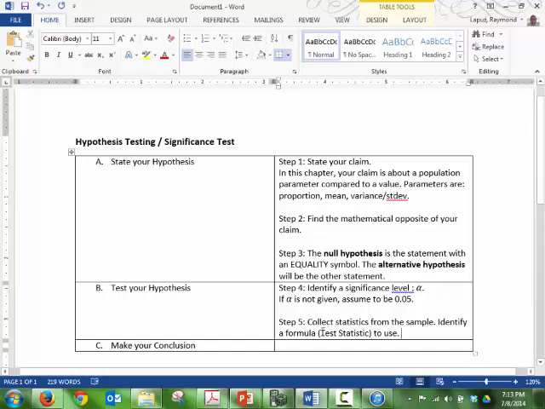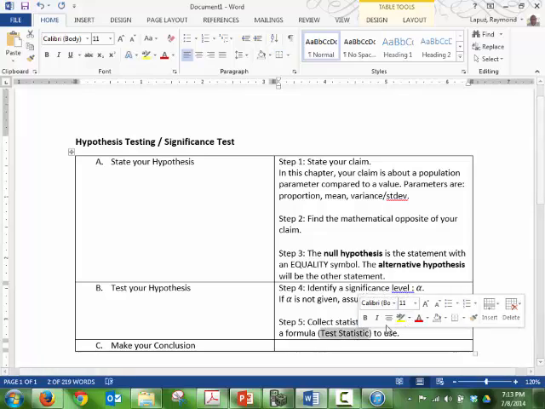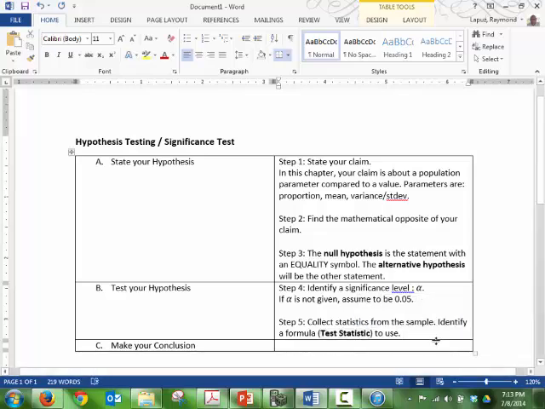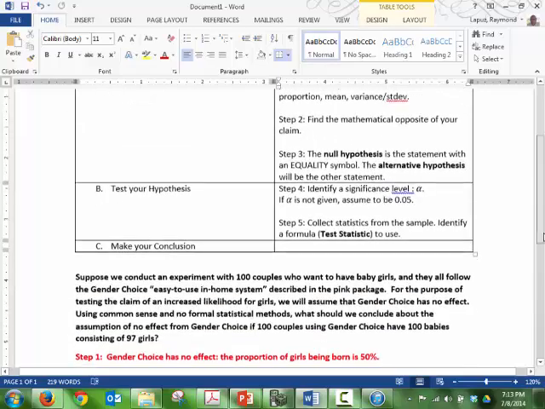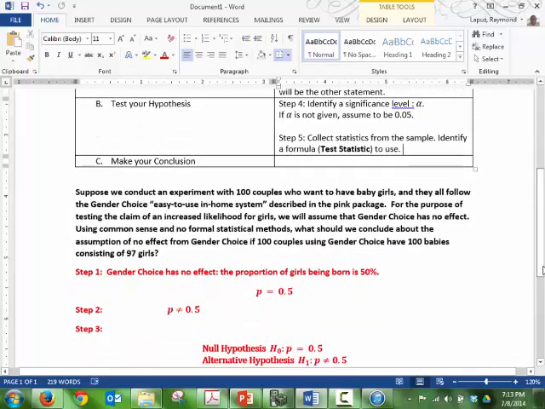Depending on the particular scenario you're dealing with, you're going to be dealing with different test statistics. In this problem that we're working on, we're dealing with a proportion. So there's a special test statistic for proportion.